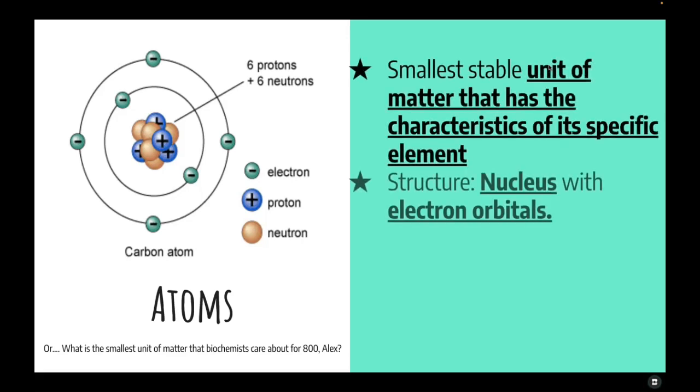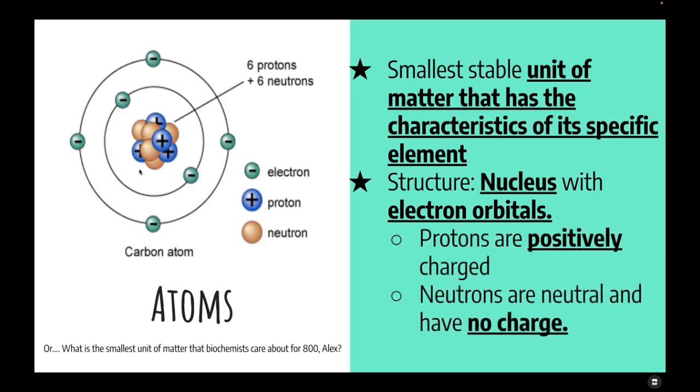So for the basic structure, an atom has a nucleus, which is the dense center, containing both protons and neutrons. And then you have regions where electrons exist around the nucleus, and those are negatively charged. You have your subatomic particles, right?